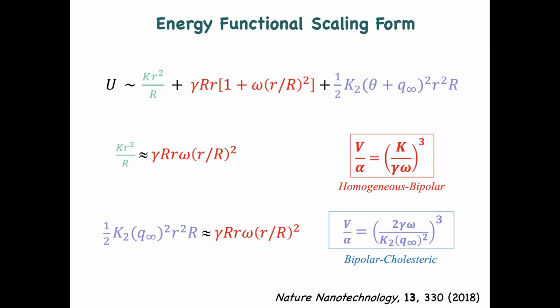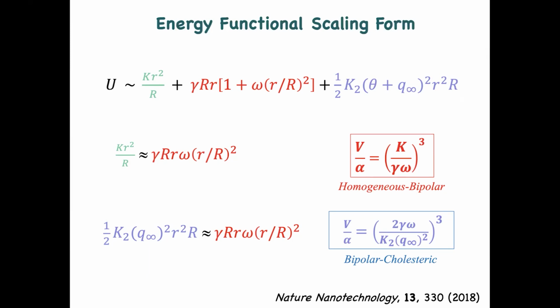You expect the homogeneous to bipolar transition when the volume over the aspect ratio is equal to this object, so it's proportional to the splay/bend constant over the anisotropic part of the surface tension, and you have the bipolar to cholesteric switch when it is the other way around. Here you have the surface tension. This is the twist constant, and this is the square of the wave vector.